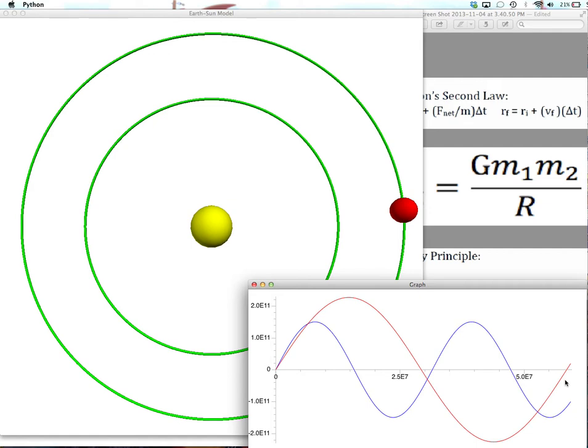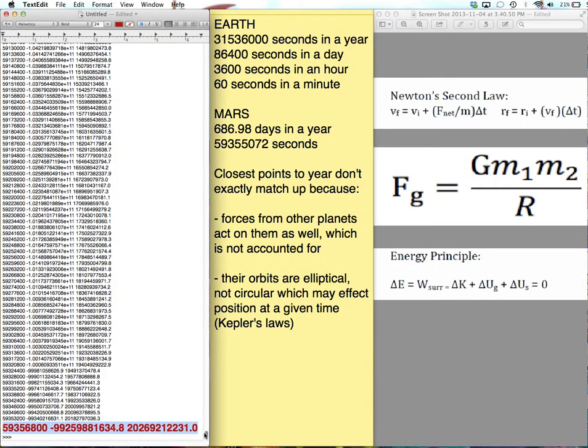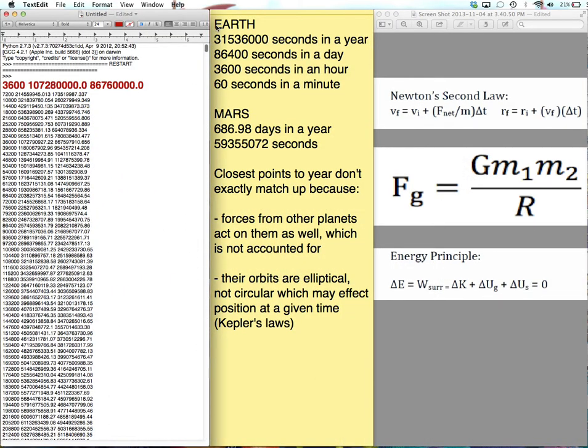Originally, I set the time and y values for each planet to print, which gave these values. As you can see, these are the beginning recorded time and y position values.